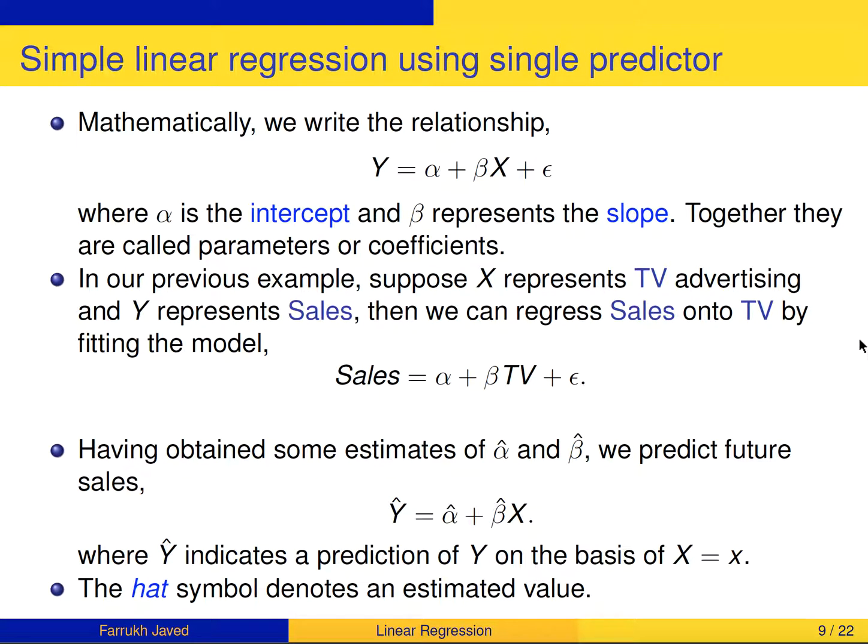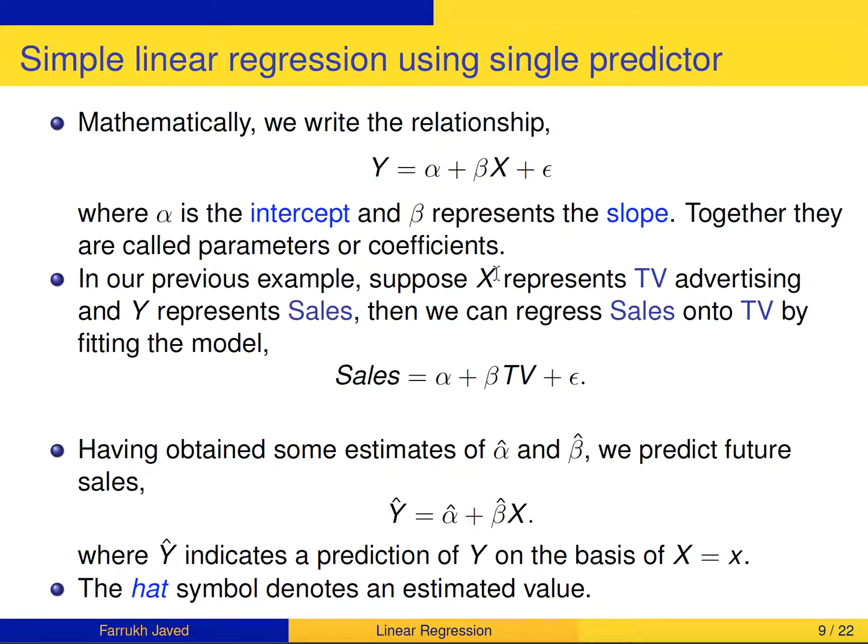Mathematically, this is a simple linear regression, where alpha is the intercept and beta is the slope. We use the word slope for beta because beta tells us how tilted this regression line, the trend line, is. Together they are called the parameters or coefficients.